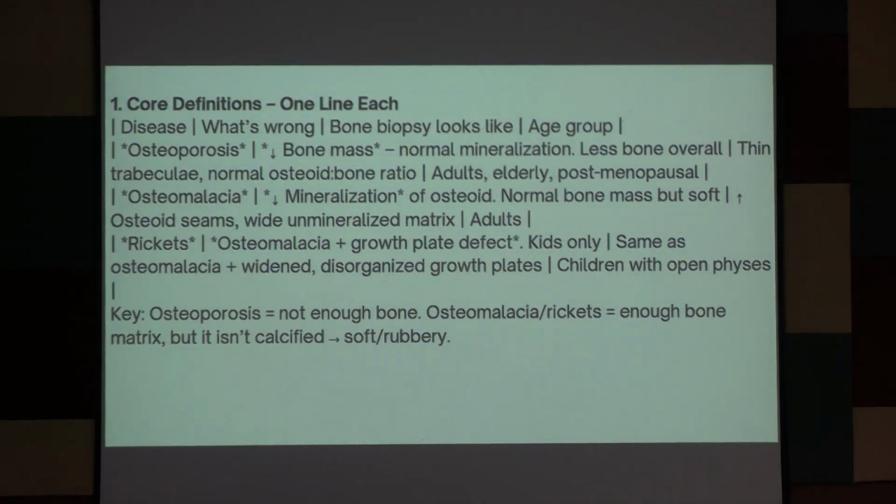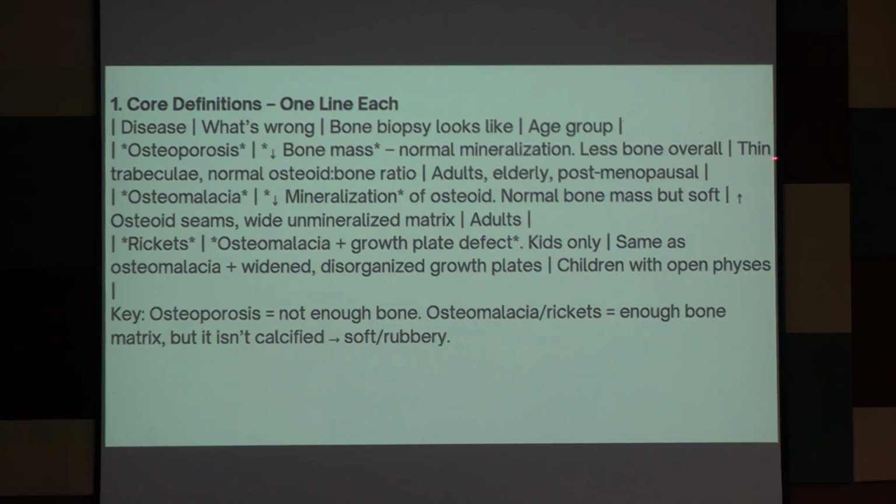Quick definition: disease, osteoporosis. What's wrong? Reduced bone mass, but normal mineralization, less bone overall. So bone mass is reduced; mineralization is normal in osteoporosis.